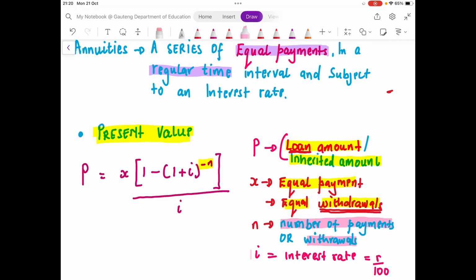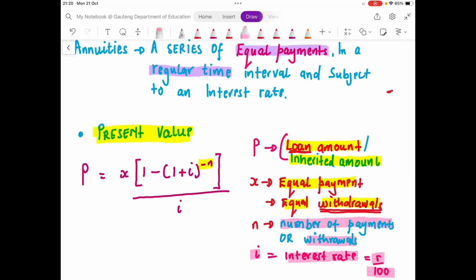And then we have i. So i represents your interest rate. If you are given 21%, remember, you need to take 21 and divide it by 100. So we are going to write our i as a decimal.